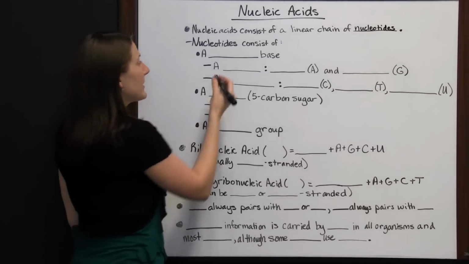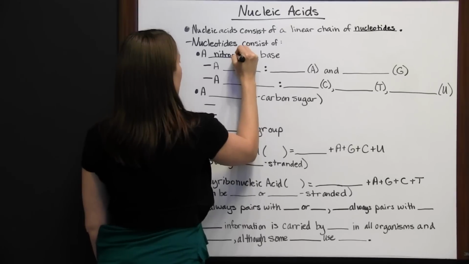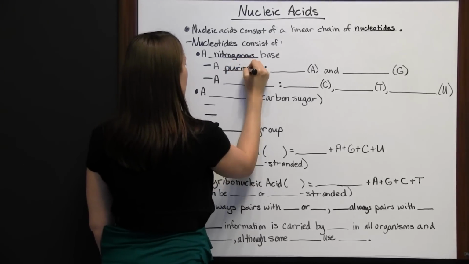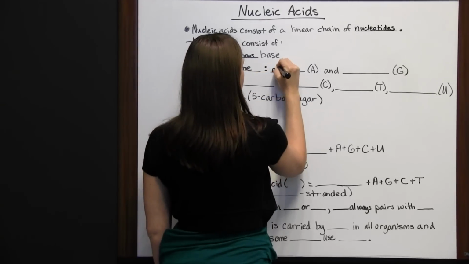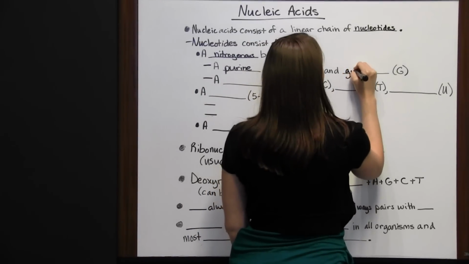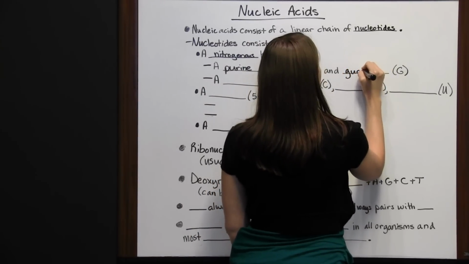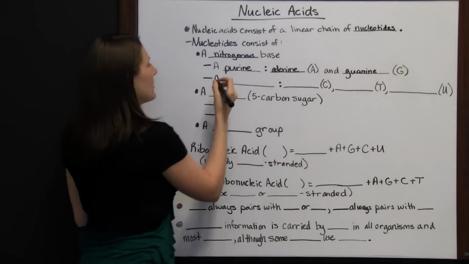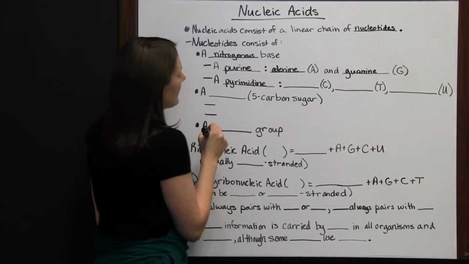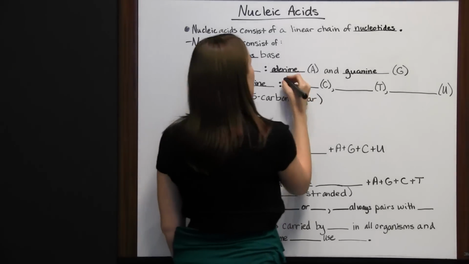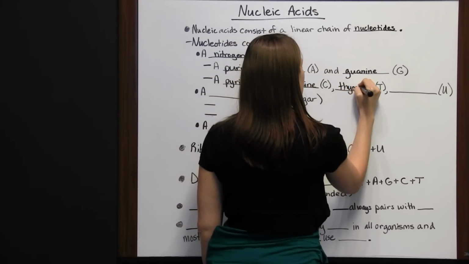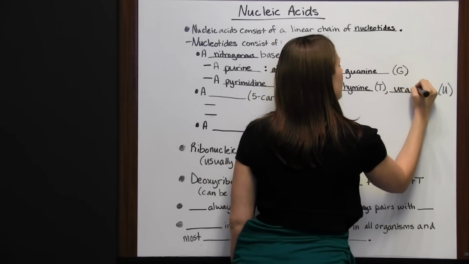Well, a nucleotide is going to consist of a nitrogenous base, which could be a purine, such as adenine, which is usually abbreviated with A, and guanine, which is usually abbreviated with G. Another type of nitrogenous base is a pyrimidine, and those would be cytosine, thymine, and uracil.